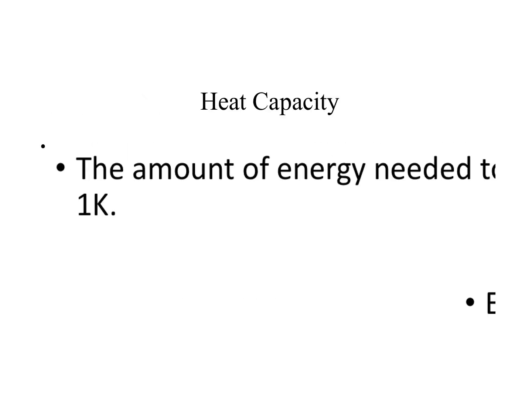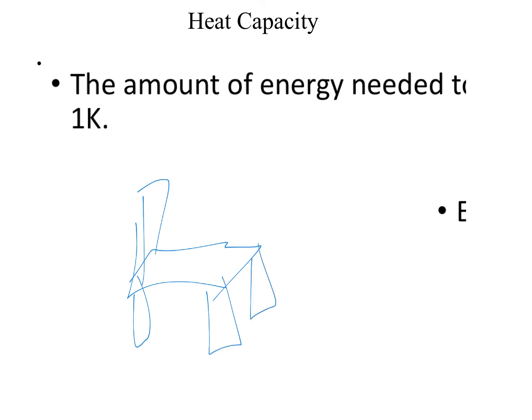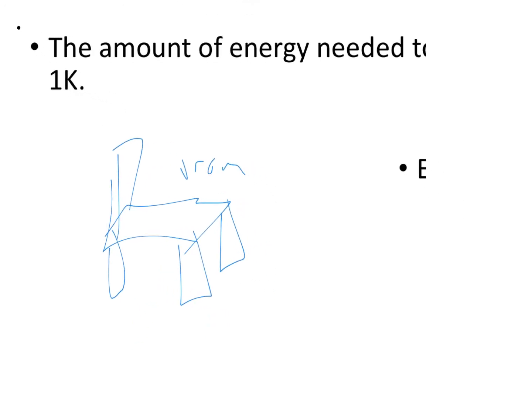And then heat capacity is slightly different. So for example, if I have a metal chair, I'm so sorry that this is such a bad drawing. Right, I have a metal chair. It's made out of iron. I could be interested in two things if I want to heat this chair up.